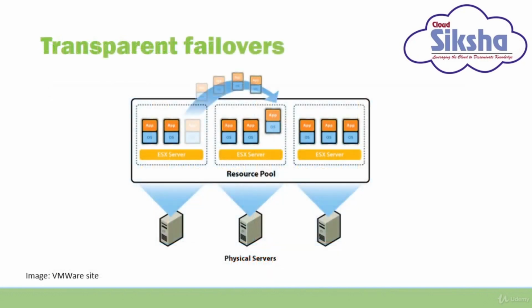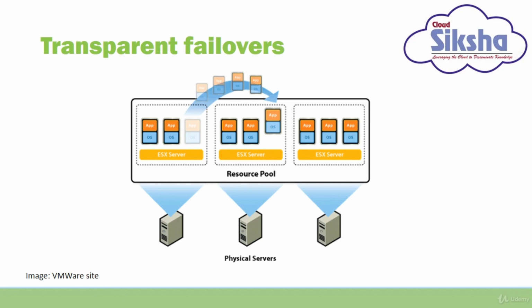Now, virtual machines also provide you certain advantages. One of them is that you can do transparent failovers. What does that mean? If you find that a particular physical machine is going to have a problem, then these virtual machines can be moved to other physical machines without disrupting the connection.